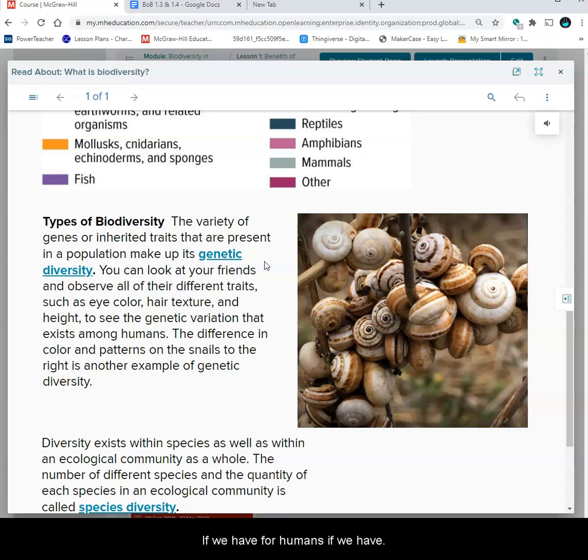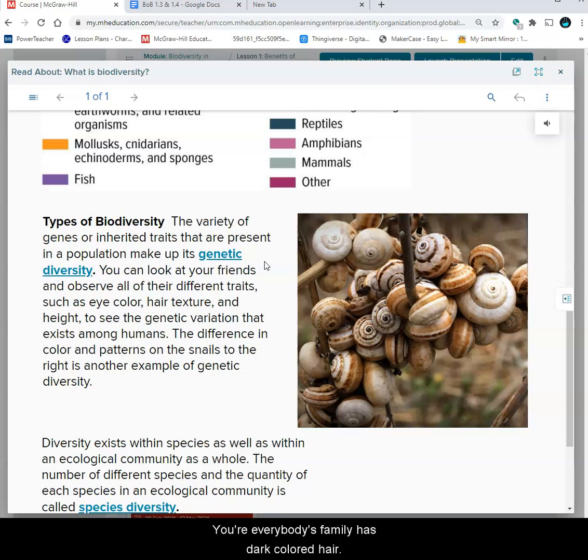So if we have 2 humans, a male and a female, that are tall, and they have an offspring, chances are that offspring is going to be tall. There are certain situations and certain probabilities where that offspring could be short, and that is what we study in genetics with the Punnett squares.